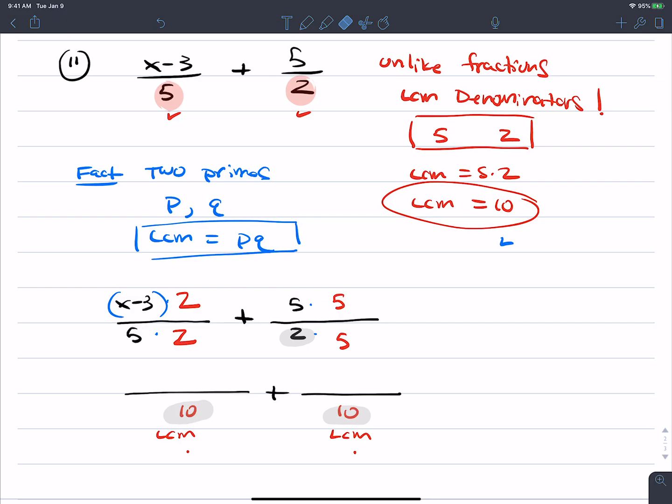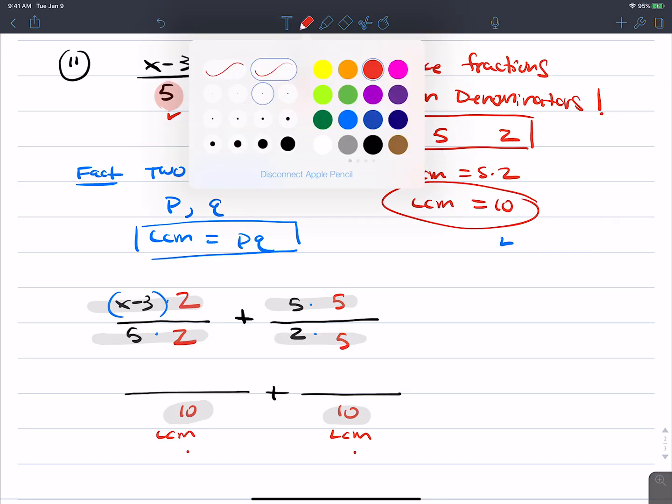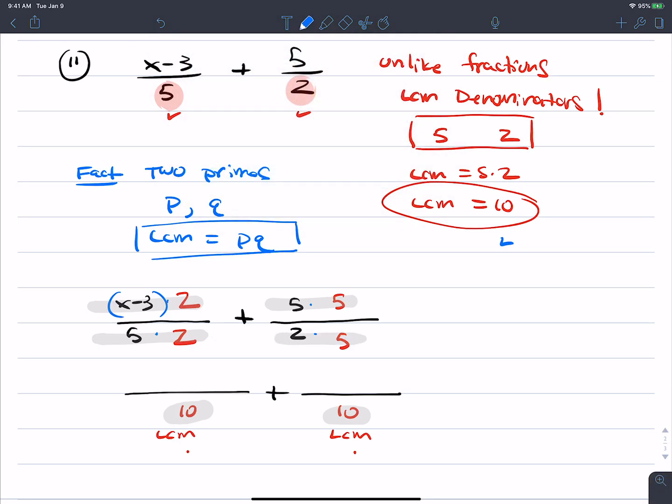And so now we could do the arithmetic. Remember, when you multiply fractions, it's horizontal across. So we'll end up here with now 2 times (x − 3), which will be written like this, where 2 goes first, and then 5 times 5 is 25 here.